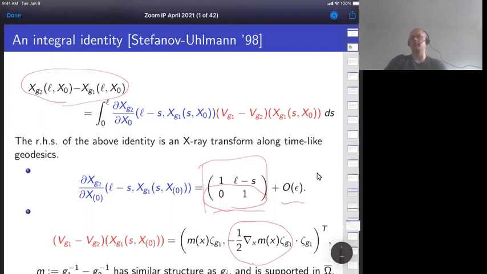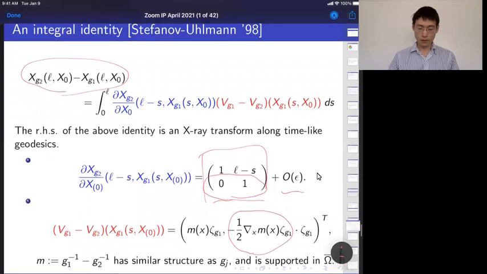Is there any hope of using something similar to your argument? There would be some issue, because in the argument we also need to split, as I said, the contribution from these different parts of the metric. So in that case, if you only have these null geodesics, then there might be an issue to split the information from the function lambda and from the Riemannian metric h, because one is degree 0 and one is degree 2.